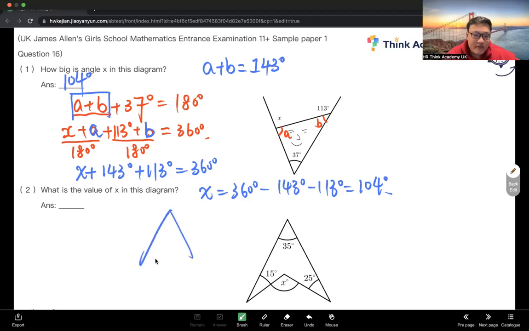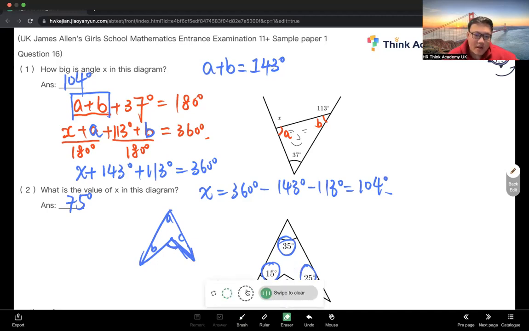Whenever you get such a shape, which looks like a kind of arrow, this angle over here is just the sum of A, B, and C. The sum of these three numbers equals 75. I'm going to show you why that is correct. So 35 plus 15 equals 50, plus 25 is 75.